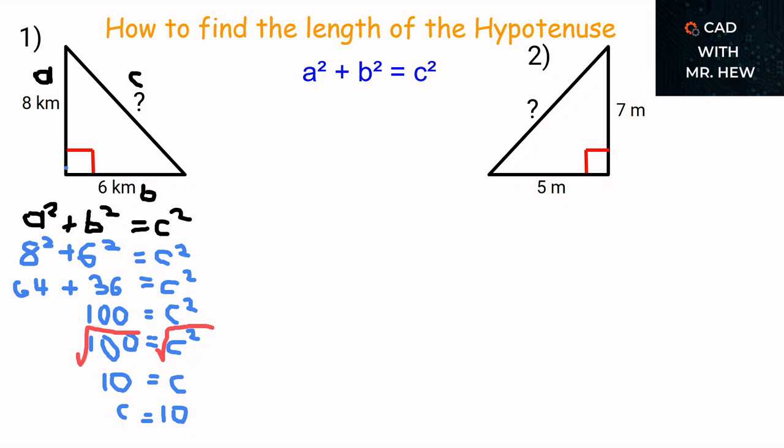What units was the question given in? Kilometers. So the answer is in kilometers, small k, small m. All right? And then you would write up here your answer, which is 10 kilometers, small k, small m.